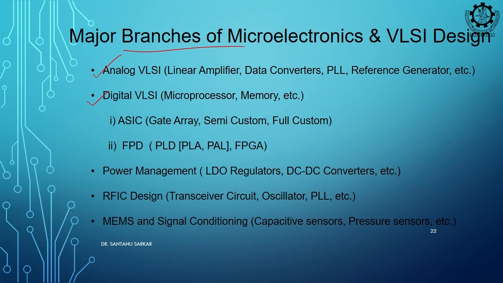For example, neuromorphic circuit design. Or say biomedical, the ICs which will be used in biomedical applications, there we generally require very low power. Okay. So, for analog design also we have aspects of low power designs.